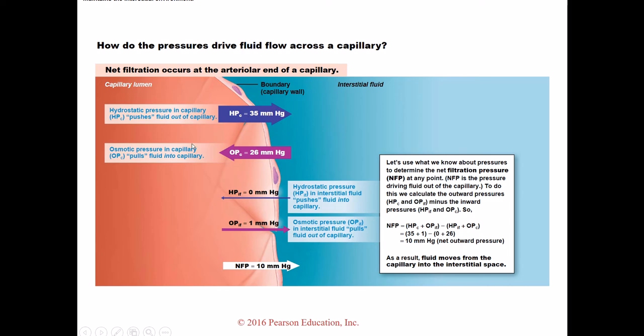So we sum our outward forces, we sum our inward forces, subtract the inward forces from the outward forces, and we get a positive net filtration. And so filtration happens. More fluid leaves because of the higher pressures forcing it into the interstitial spaces of the tissues and out of the capillary itself.